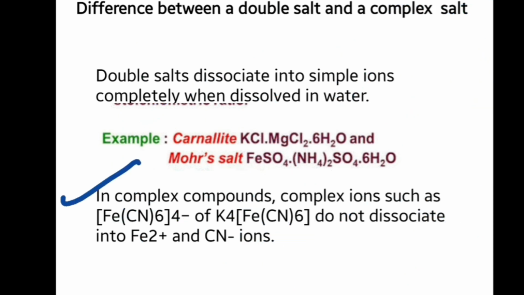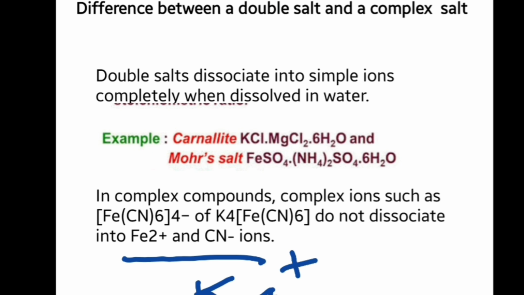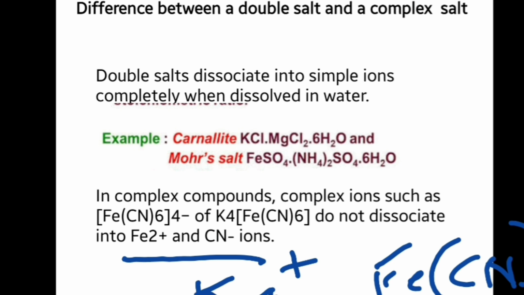So read this: in complex compounds, complex ions such as [Fe(CN)6]4- do not dissociate into Fe2+ and CN-. You will only get 4 K+ and [Fe(CN)6]4-. These two will be the ions which you get. You won't get Fe2+ or CN-.